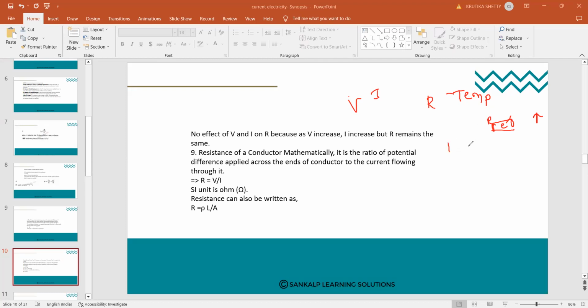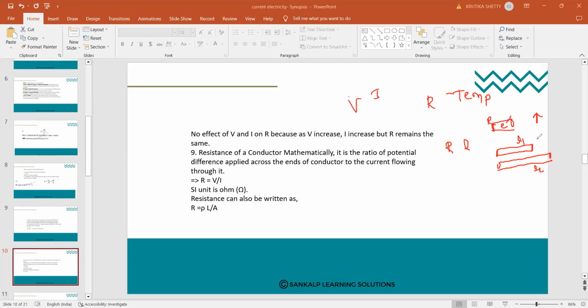Then the resistance of a given conductor also depends on the length. For example, if you have one conductor of length L1, and one more conductor of the same thickness of length L2. When you have two wires of different length, where will the electric current be more?